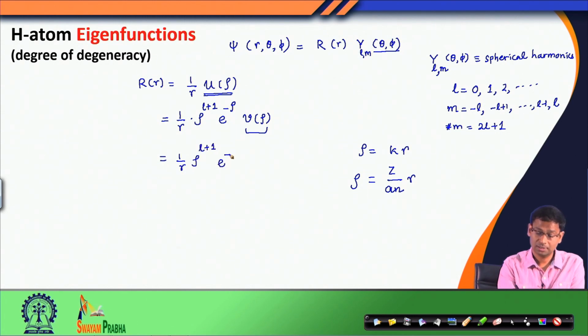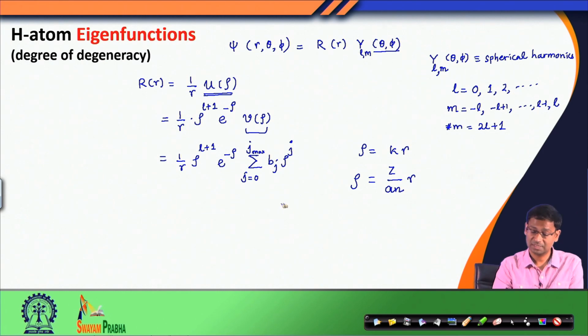Since we did not know the functional form of this, we used a power series expansion, where V of rho is a sum of Bj rho to the power j, where j goes from 0 to some value of j max.